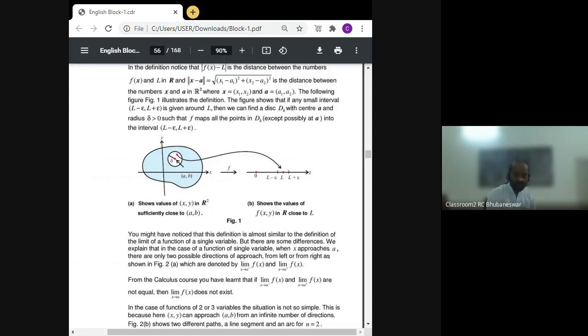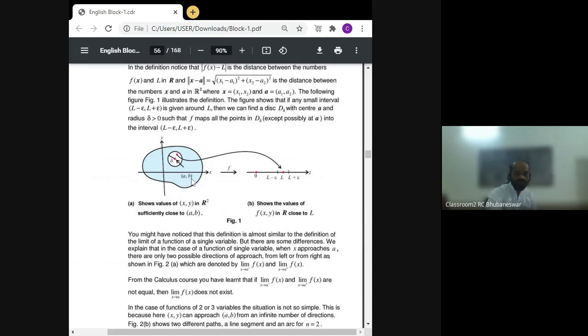In the first figure, the values of x, y in R square are sufficiently close to a. That means, as we have mentioned in the definition, the difference between two points. So x is the point having coordinates x comma y, a is the point having coordinates a comma b.